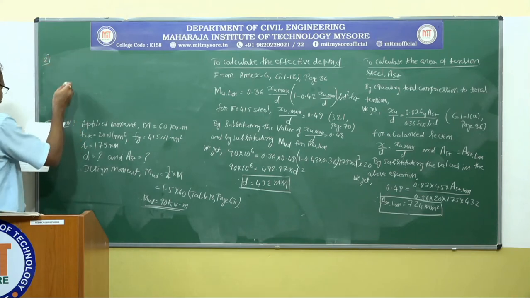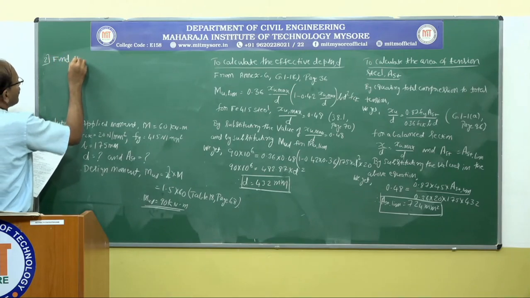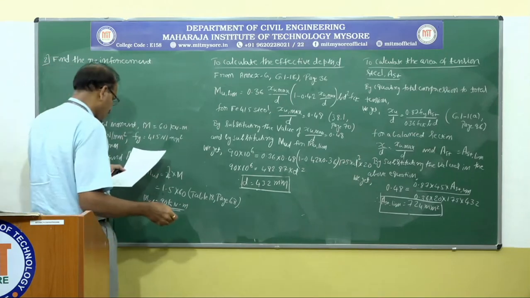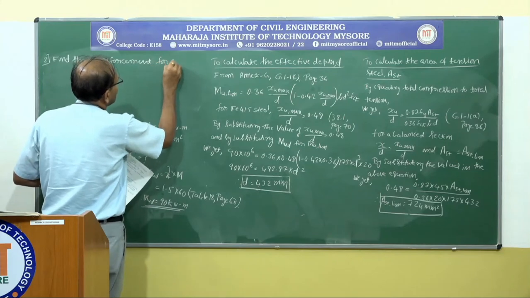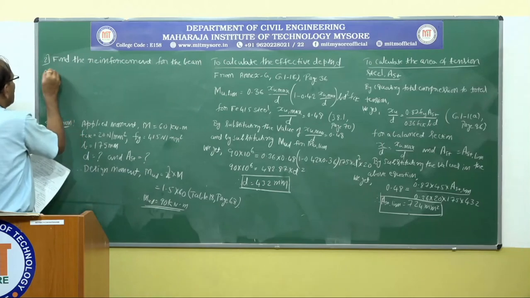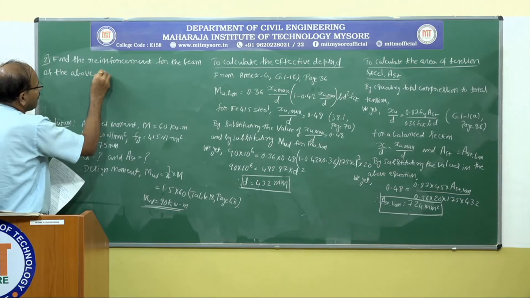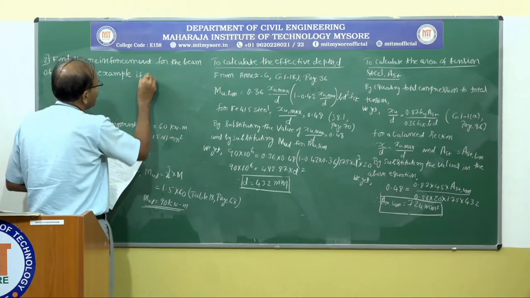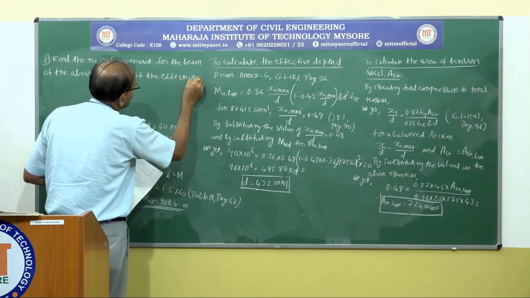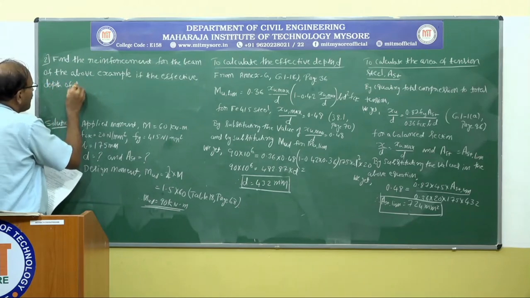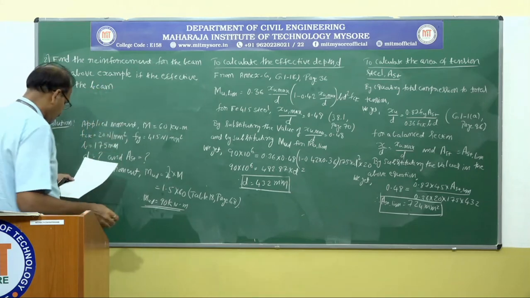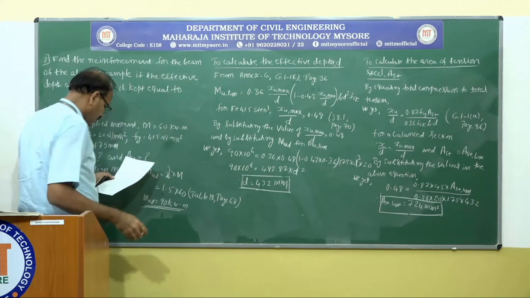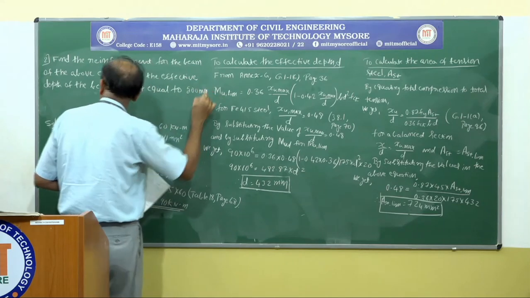Find the reinforcement for the beam of the above example, if the effective depth of the beam is kept equal to 500 millimeter.